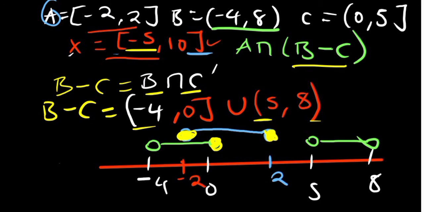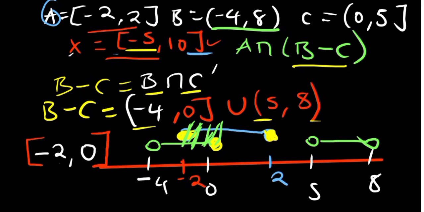So we're trying to find the intersection. Only one region is intersecting, only this part. So what do you think is the intersection there? From -2 to 0. Are they part and parcel? Yes. So the regions are shaded at the end. So this is our solution to the question that we had at hand.